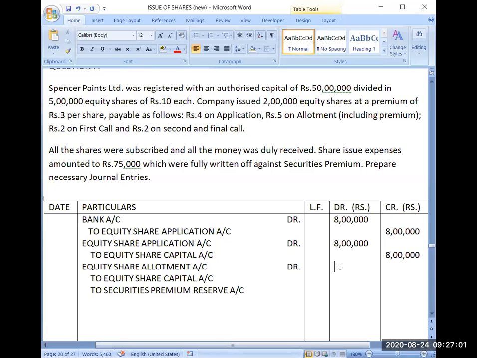Number of applications received was 2 lakh, and number of shares allotted was also 2 lakh. So that's why it will become 10 lakh. So the first amount is clear, 10 lakh.